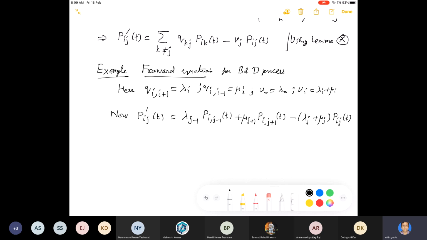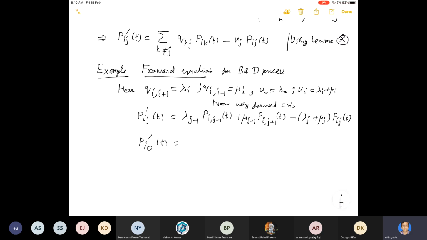Now using forward equations, what is our value for Pi0 prime t? We are taking j as 0.